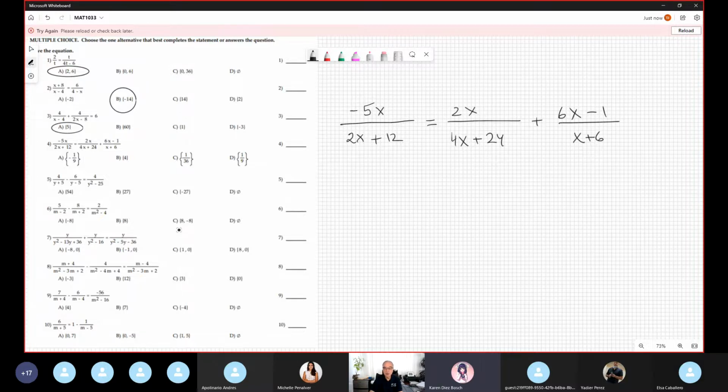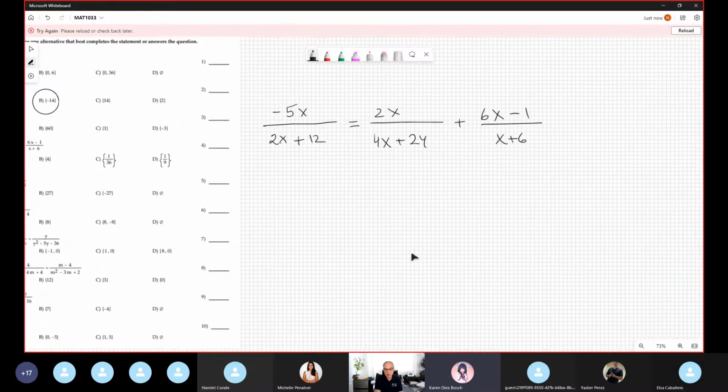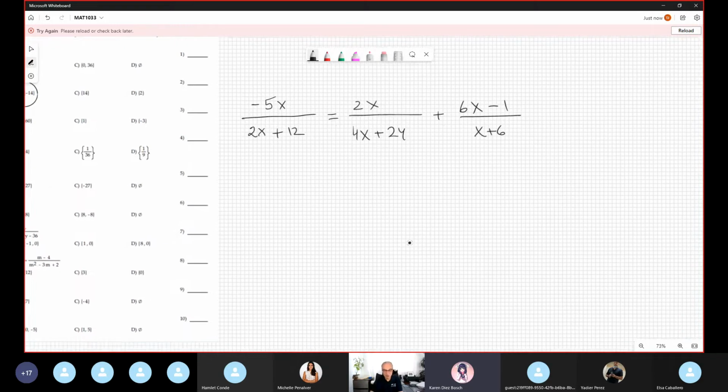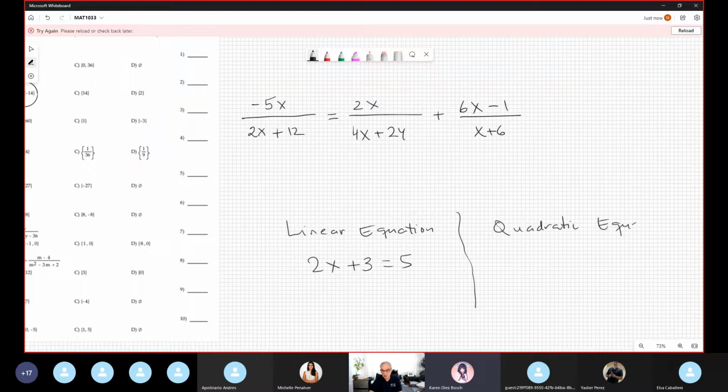But what is the clue that gives me information that this equation is different from the other equations? So far, we are studying linear equations. No restriction, nice. Suppose x plus 3 equals 5, okay, in the first chapter. And quadratic equations, like x squared minus 5x plus 6 equals 0.